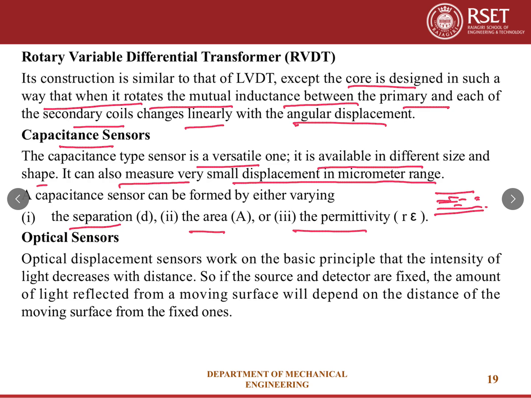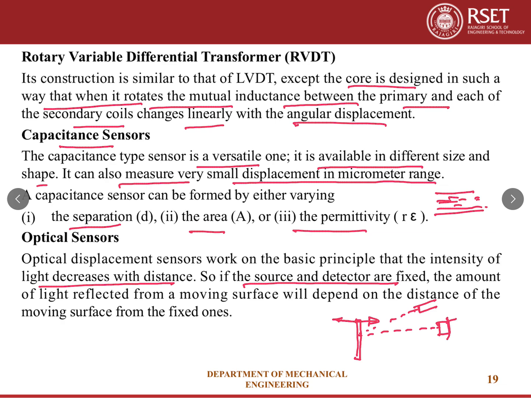Now we have an optical sensor. Optical displacement sensors work on the basic principle that the intensity of light decreases with distance. If the source and the detector are fixed, the amount of light reflected from a moving surface will depend upon the distance from the moving surface. So we have a moving surface, then a light source, and the reflected light is sensed by a sensor.